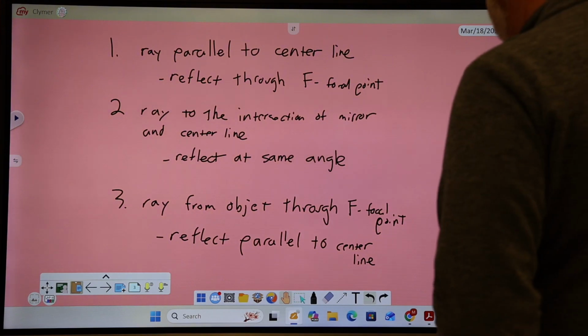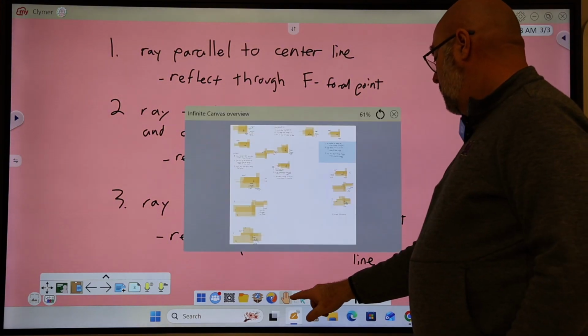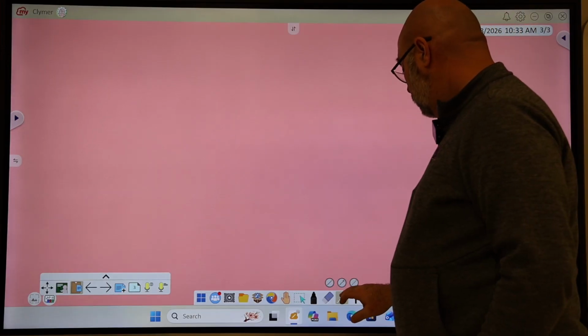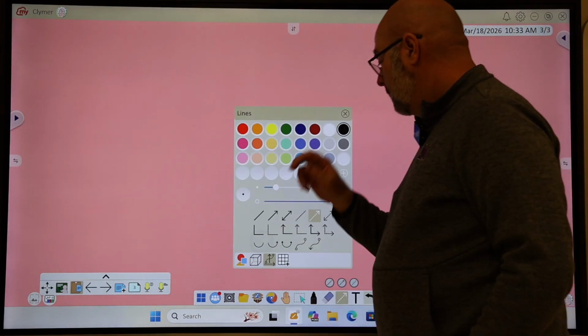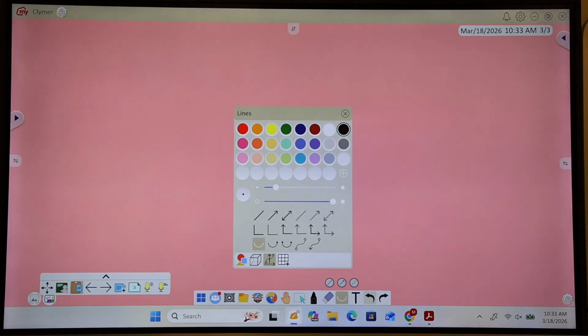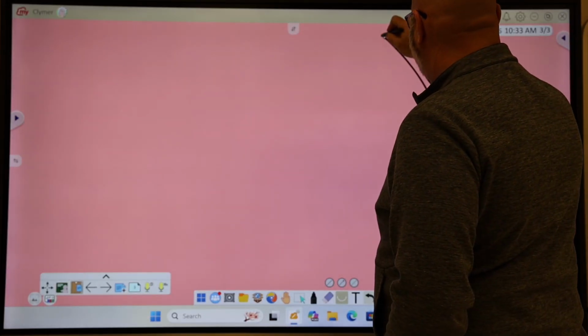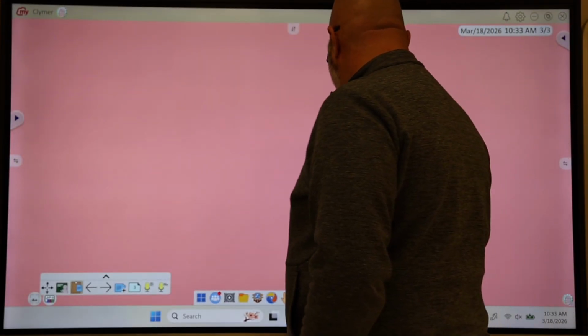All right, so let's find some open space. Here we go. Okay, so we are going to start like we ended yesterday. The mirror.